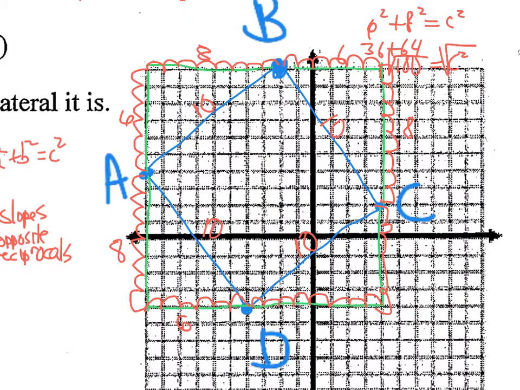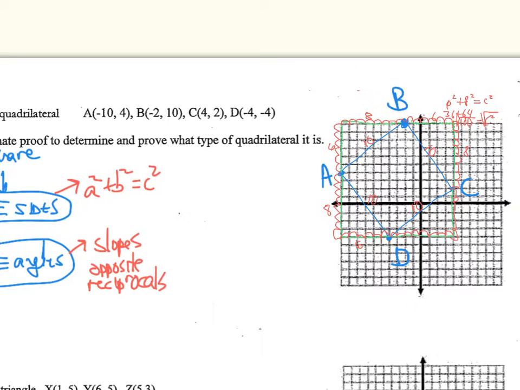Writing that up in my coordinate proof, I can write that the distance from A to B is equal to the distance from B to C, which is equal to the distance from C to D, which is equal to the distance from D to A, which is equal to 10.